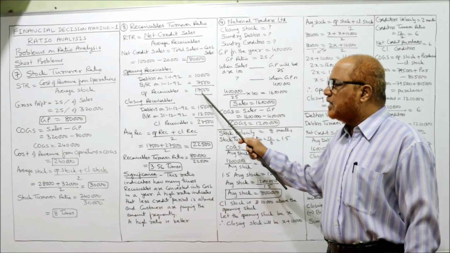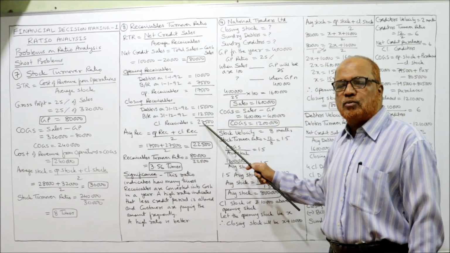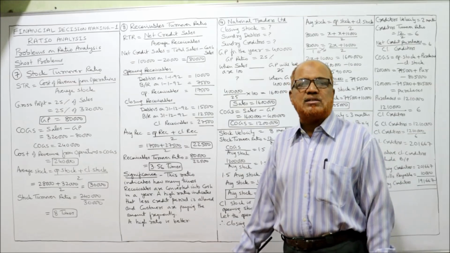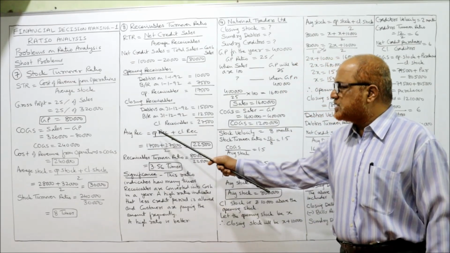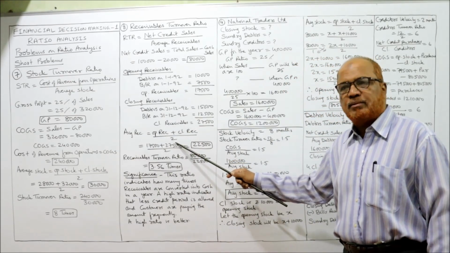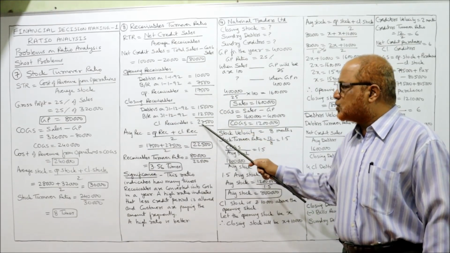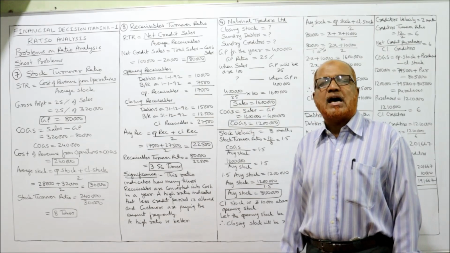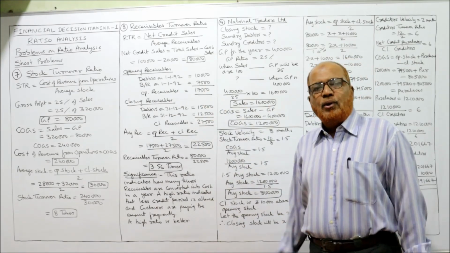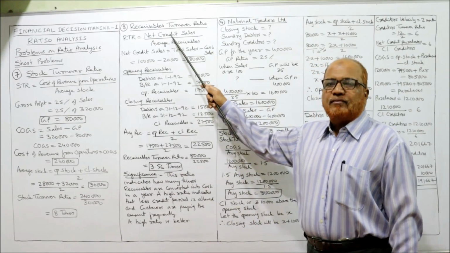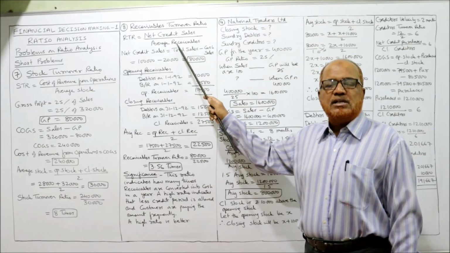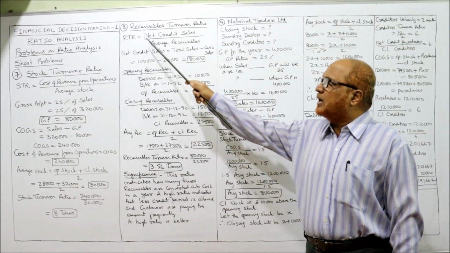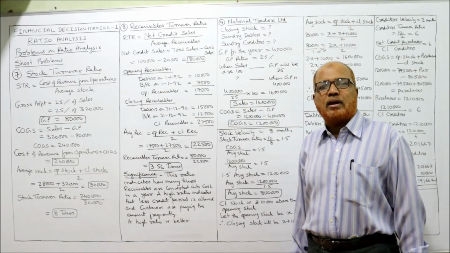We got opening receivables, we got closing receivables, we can calculate average receivables. Average receivables is equal to opening receivables plus closing receivables divided by 2. So 17,500 plus 27,500 divided by 2, you will get 22,500. This is the average receivable. We got the credit sales, we got the average receivables. Easily substitute the values, you will get the receivables turnover ratio.